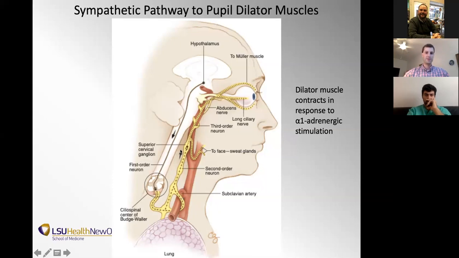Then that second order neuron travels up and will synapse again at the superior cervical ganglion, right around the bifurcation of the carotid, and then travel up with the internal carotid into the cavernous sinus briefly, and then it sends out some branches, one of which goes to the Mueller muscle, which is why you can end up with ptosis when this is affected, one of which is the long ciliary nerve, which goes to the dilator muscles, and you can also see another branch earlier on that's going out to the face where the sweat glands are. And of note, the dilator muscle is contracting in response to alpha-1 adrenergic stimulation.